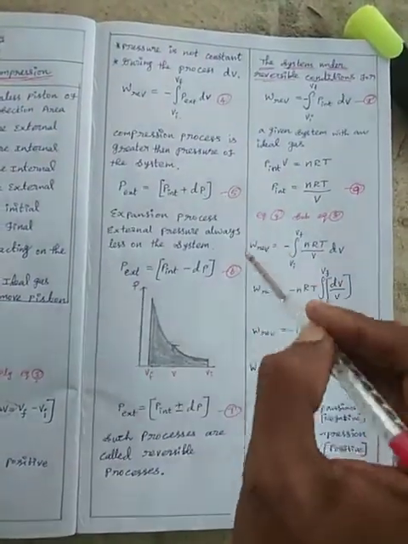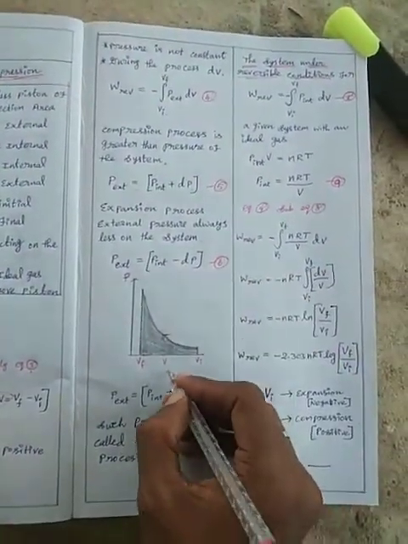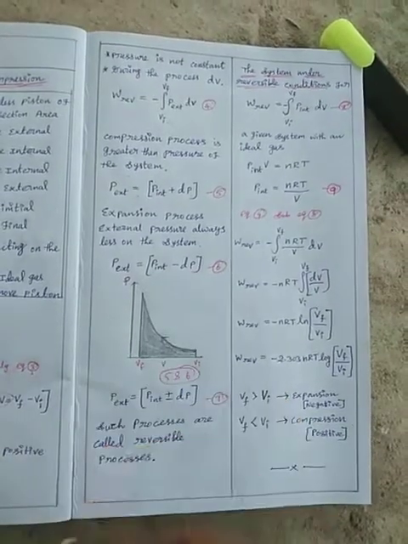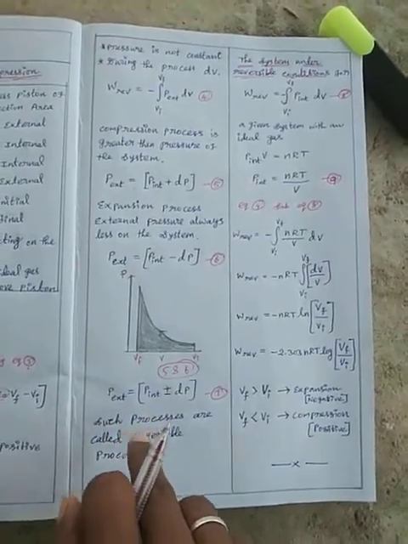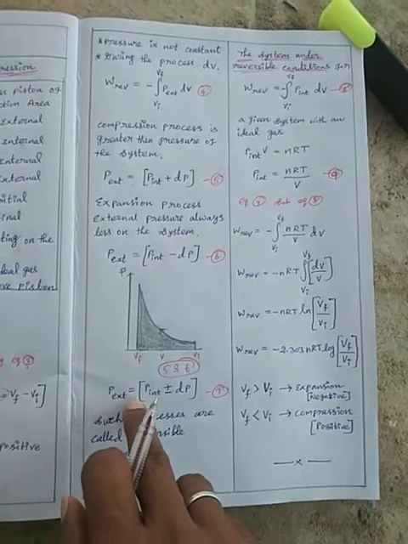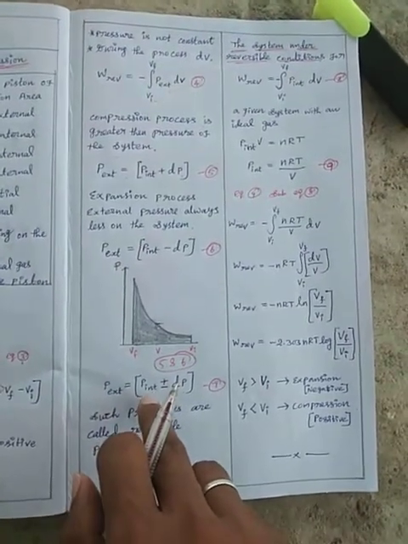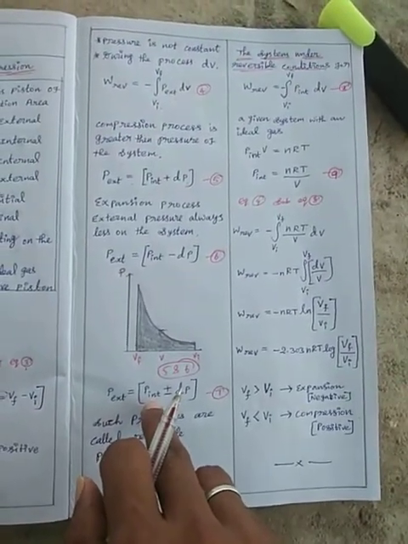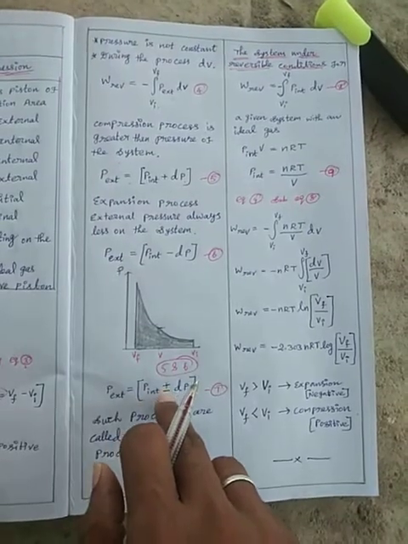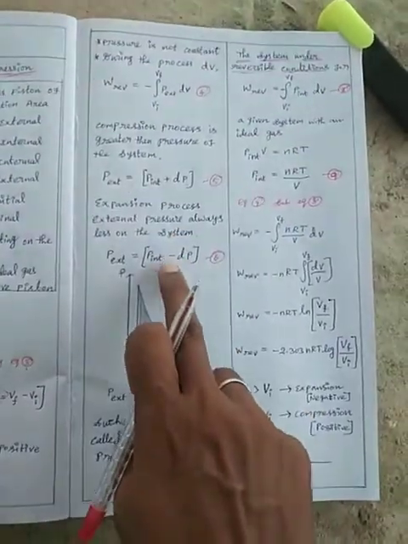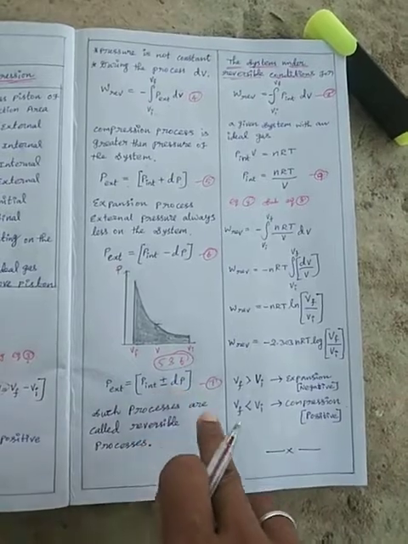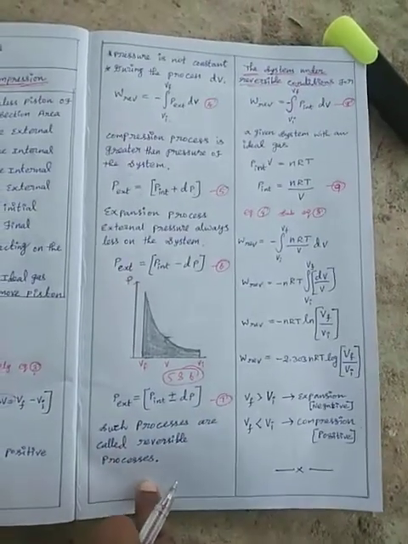Comparing equations 5 and 6, the external pressure is a function of the cylinder's internal pressure plus or minus dP. Such a process is called a reversible process.